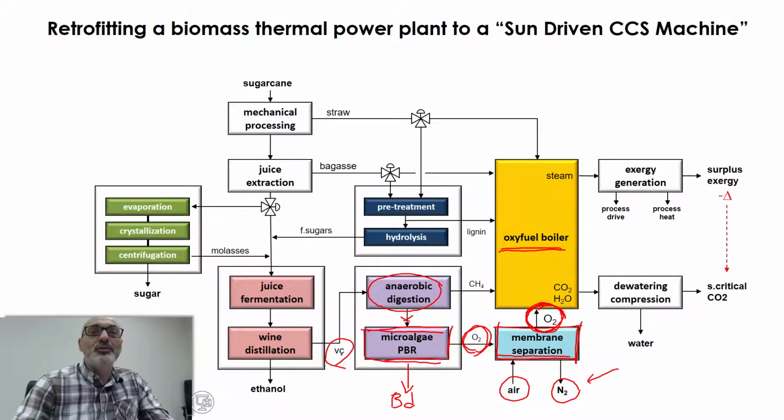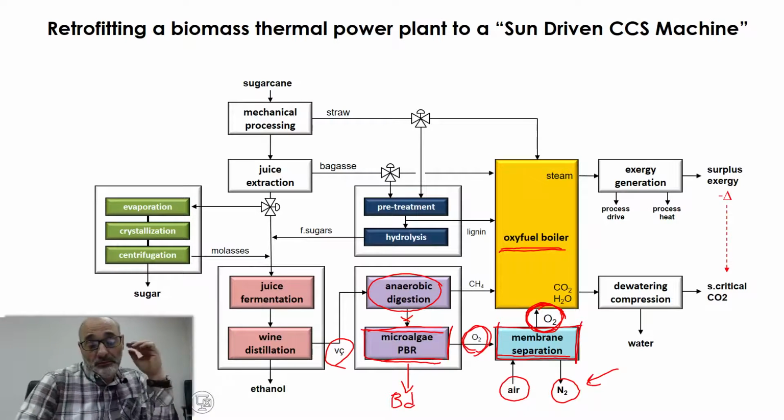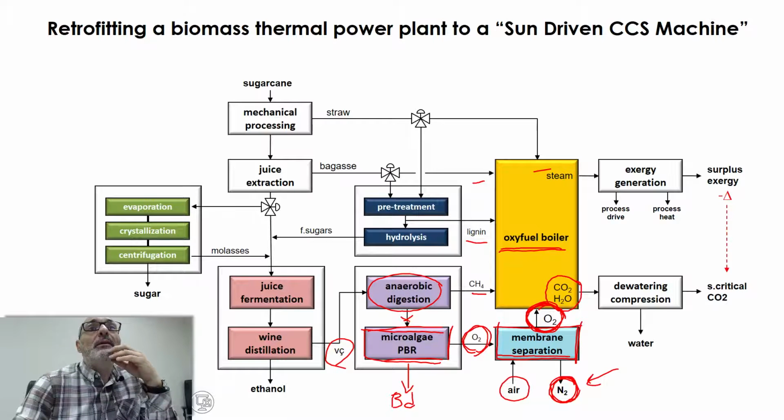This is almost pure N2, so this may have a commercial value. So you don't have N2 anymore in the flue gas because it's being emitted here. So when you burn fuels here, here, and here with pure oxygen, you're going to have CO2 and water.